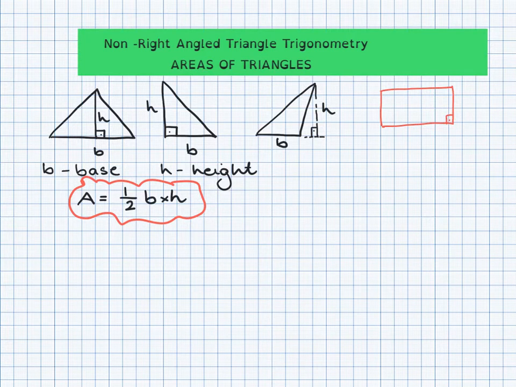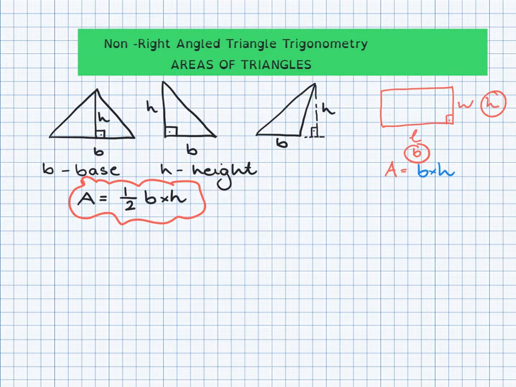If, for example, we have this length and this width, for the purpose of this question I'm going to call this B as a base, and the width we're going to call height. We do know that the area of a rectangular shape is length times width, or in our case, using different notation, base times height.